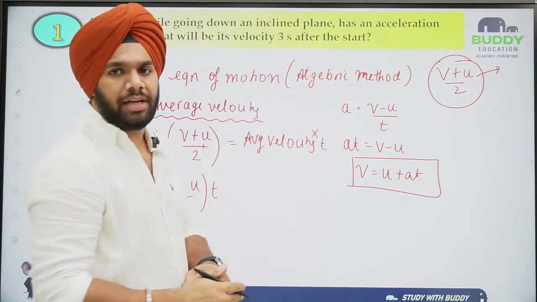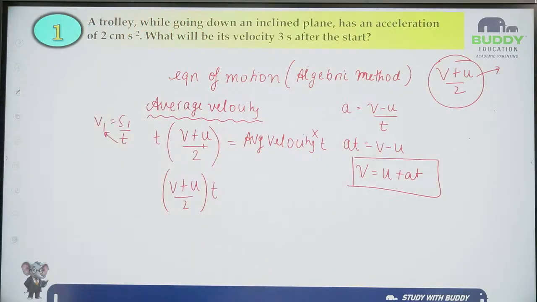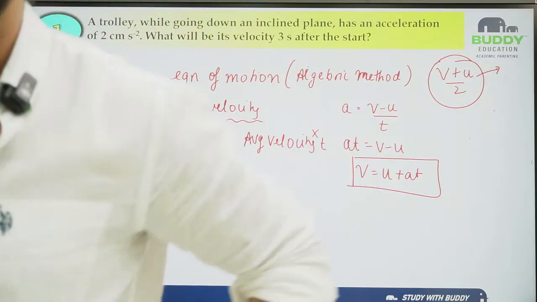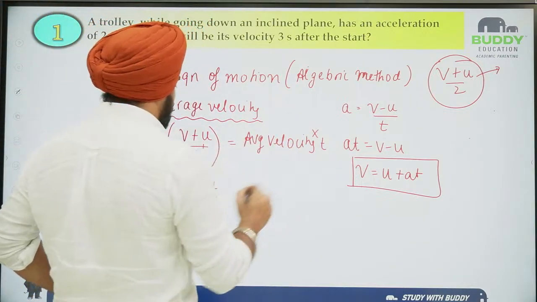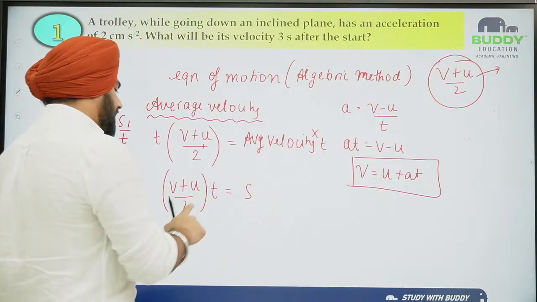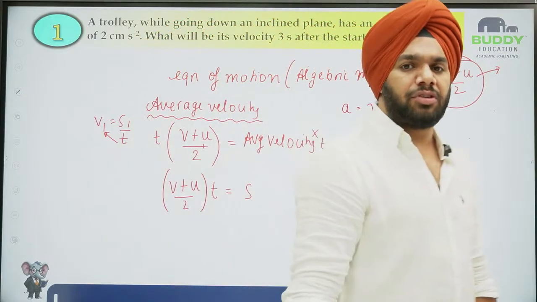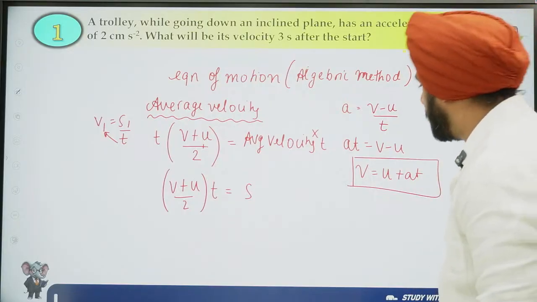So average velocity into time, this is basically velocity into time, no? Okay, no worries. So average velocity into time is displacement. So V plus U by 2 into T is displacement, right? Now, in the second equation of motion, s is equal to ut plus half at square, we need acceleration as well, right?